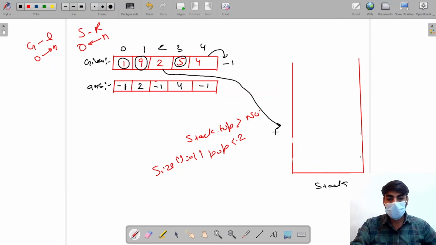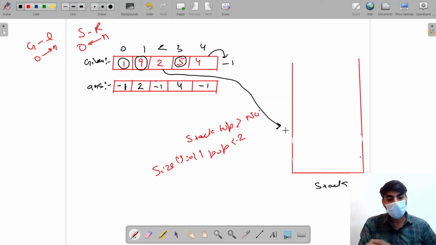I am again repeating, for 5, if our number is greater than the number present on the top of the stack, we add that number in our answer array and then push that number in our stack.